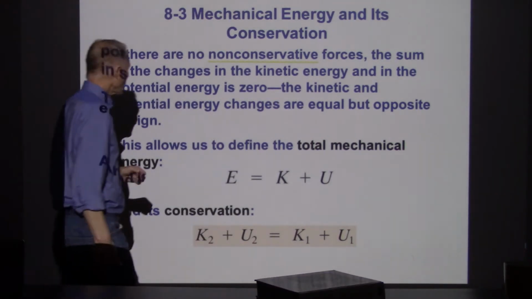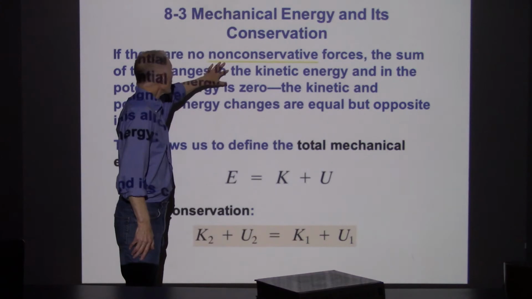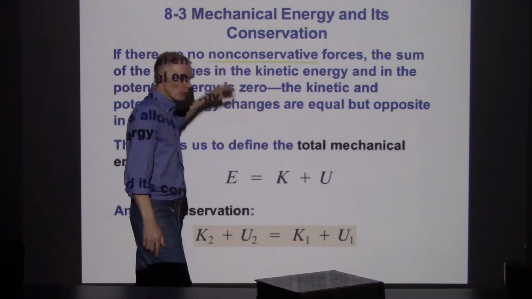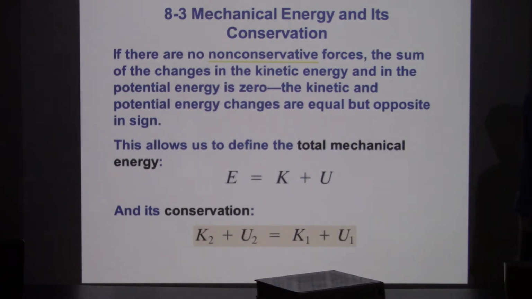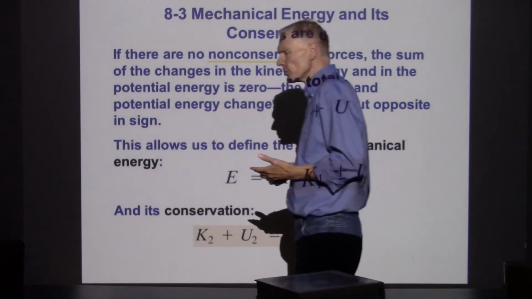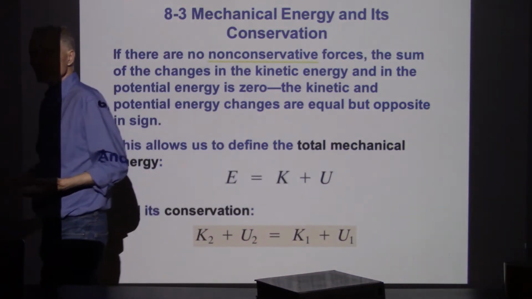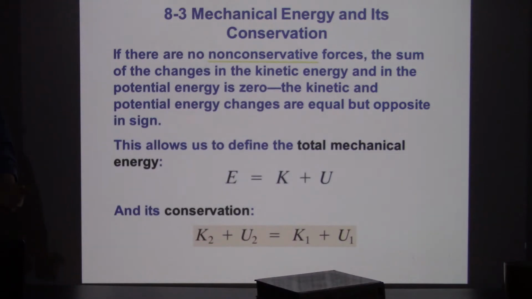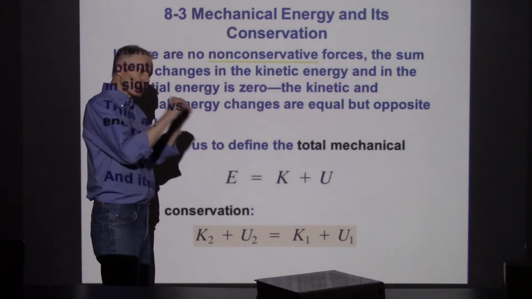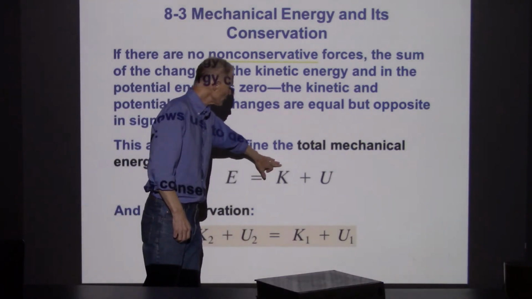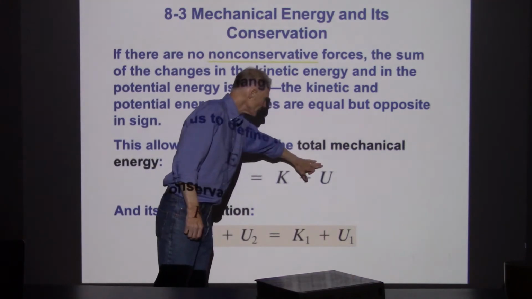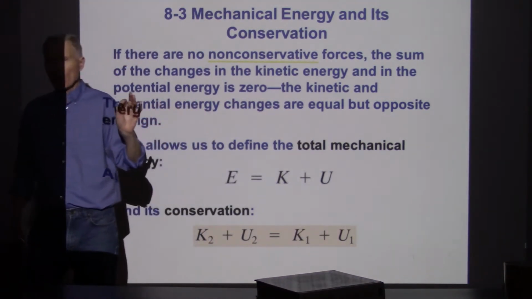So what we found for the roller coaster is if there are no non-conservative forces, so let's see, what would be a non-conservative force that would have an effect on a roller coaster? Friction, air resistance. So if things like friction and air resistance are small effects, fairly negligible, then when we first launch that roller coaster, it's going to have a certain amount of kinetic energy, a certain amount of potential energy, let's say at location 1 along the way.